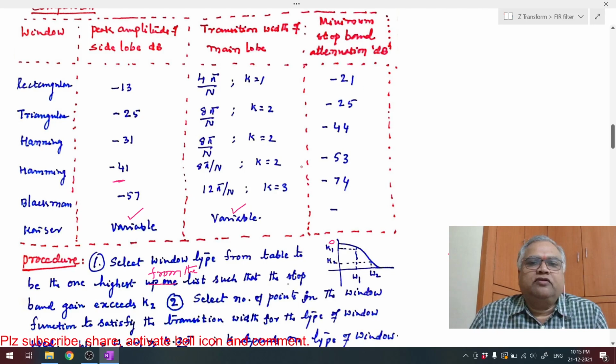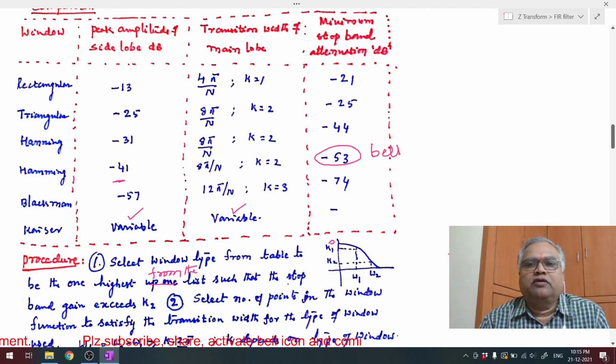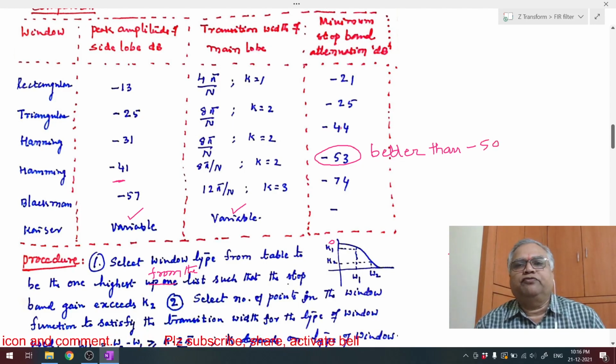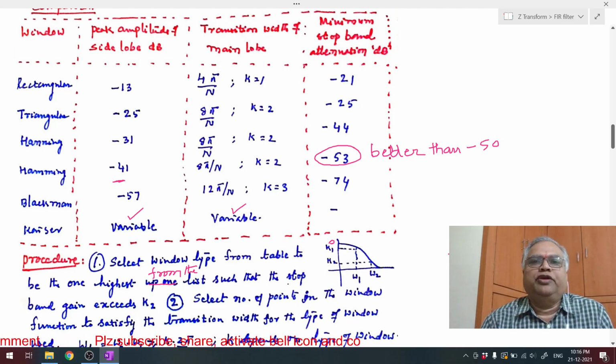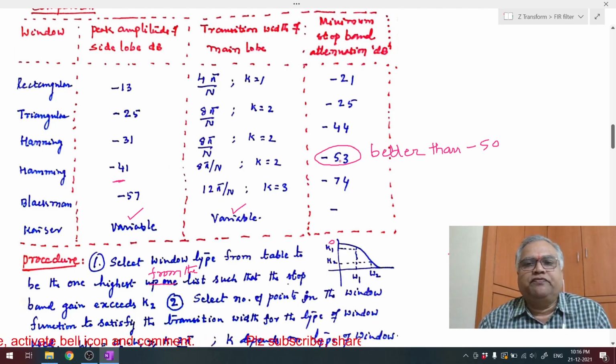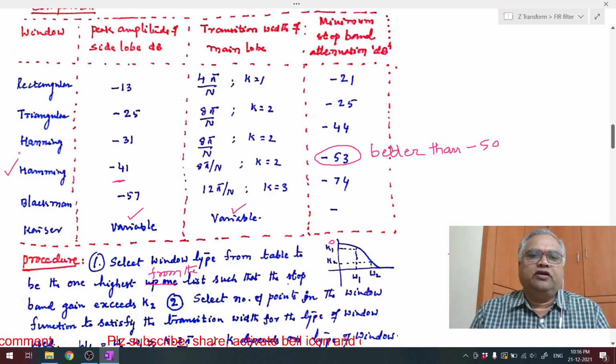So which is giving minus 50? This one. We want minus 50, and the Hamming window gives a better value than minus 50. If you select some other window with only minus 44, it is not good. So the minimum stop band attenuation is given in this column, and compulsorily we want minus 50. Accordingly we are selecting the Hamming window.